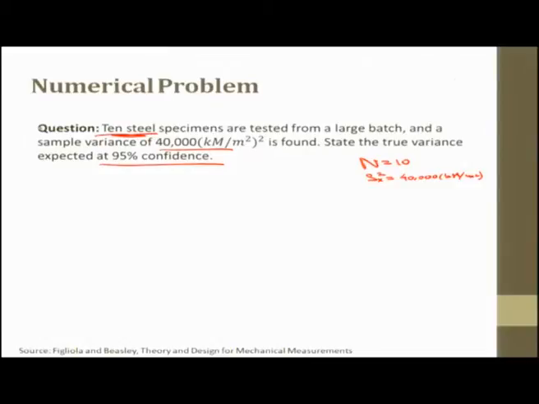So, for this I have degrees of freedom equal to n minus 1, which is 10 minus 1, equal to 9, and it has been called a 95% confidence interval. For 95% confidence interval, the value of alpha is 5% and alpha by 2 is 2.5%.